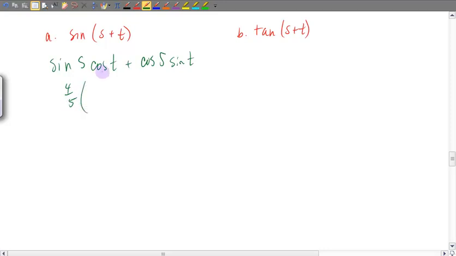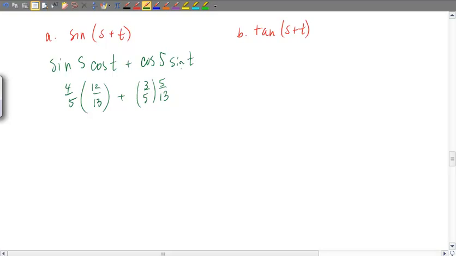The cosine of t, we just calculated to be 12/13. Now the cosine of s was given to us. That's 3/5. And the sine of t was given to us also. That's 5/13.